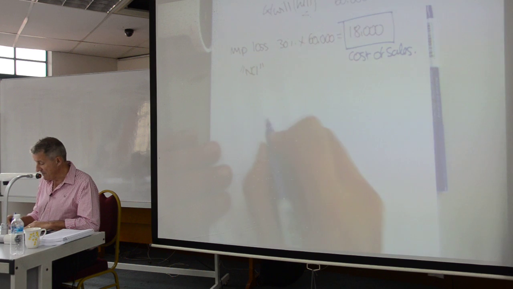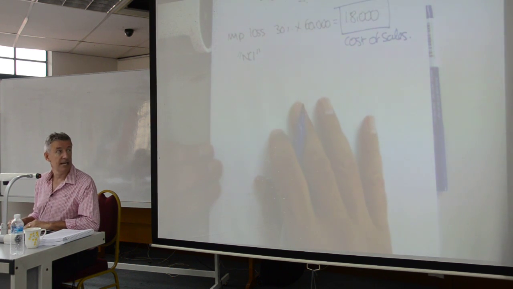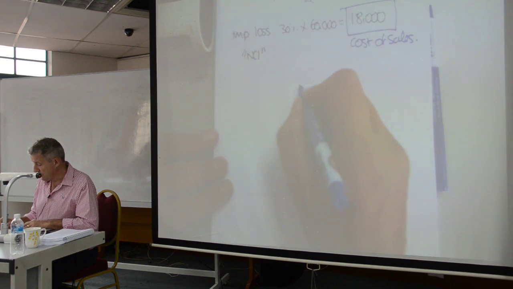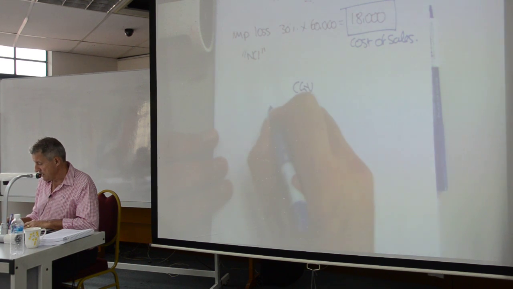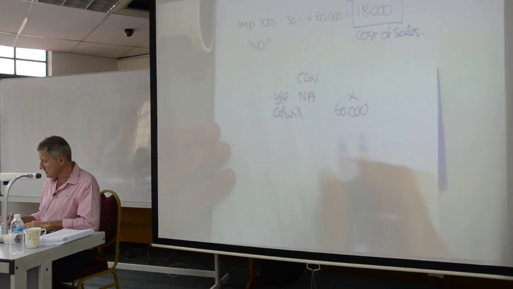What would be far better would be in another question, as we have done. If you're doing the impairment review of goodwill, you're doing an impairment review of a CGU. So you would have your year-end net assets, whatever that is. You would then have your goodwill, and then your goodwill is 60,000, and there's no need to gross it up.